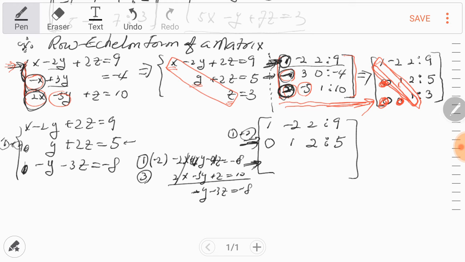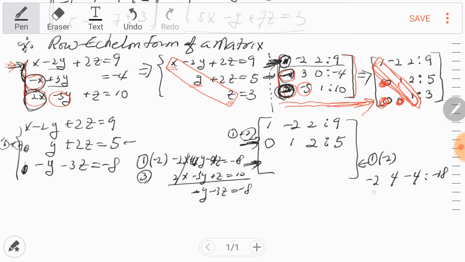So we will use the first row to get rid of this 2. Why don't we multiply the first row by negative 2? Then that is negative 2, positive 4, negative 4, and negative 18.